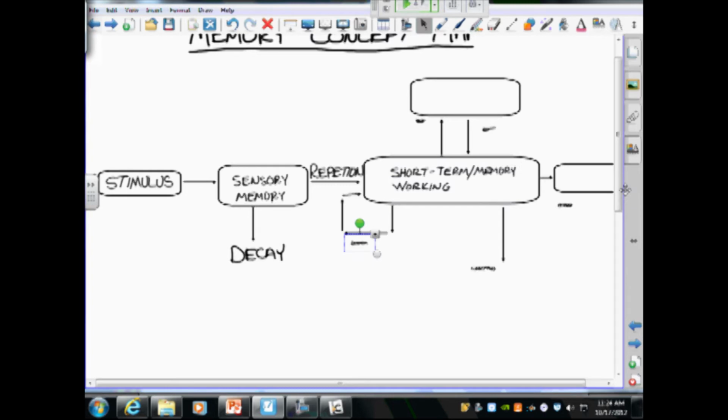It's kind of the brain's workspace, isn't it? How long will something last in short-term memory if you're not rehearsing it? 30 seconds. Yeah, that's on the quiz, that's right.